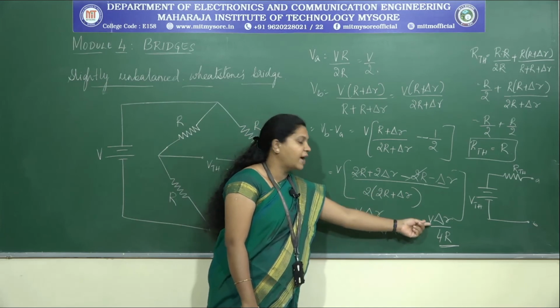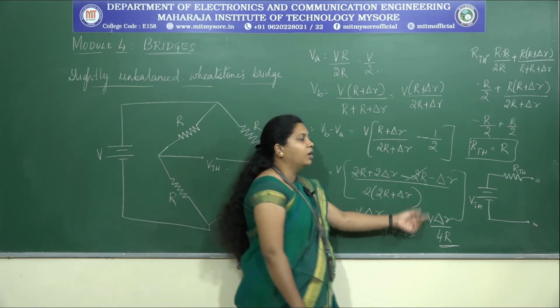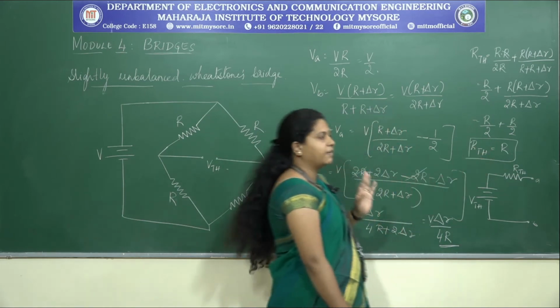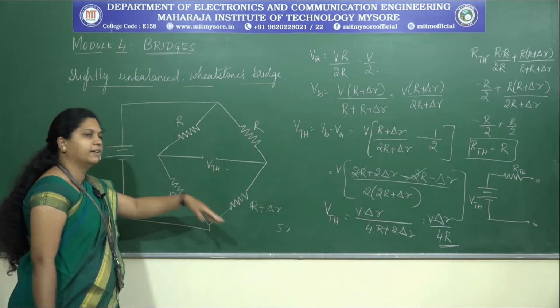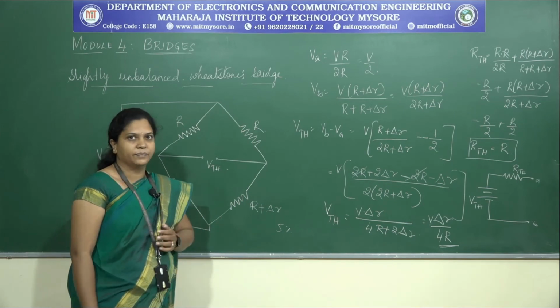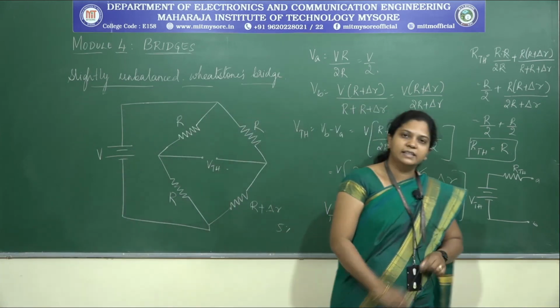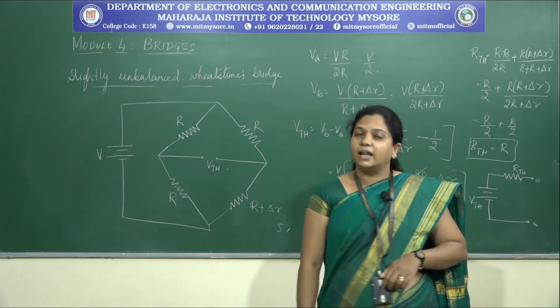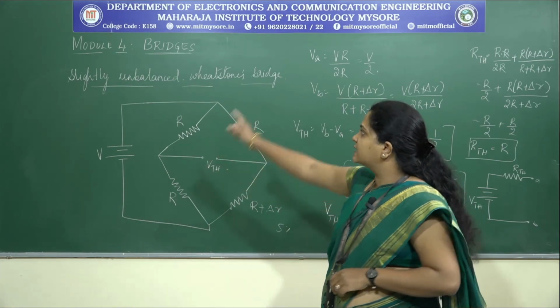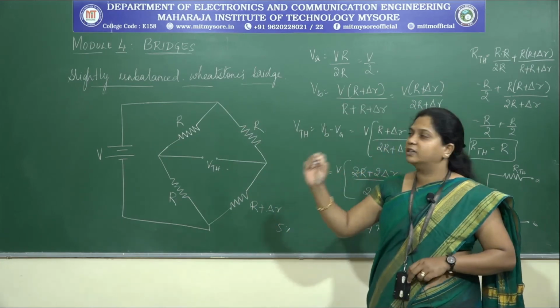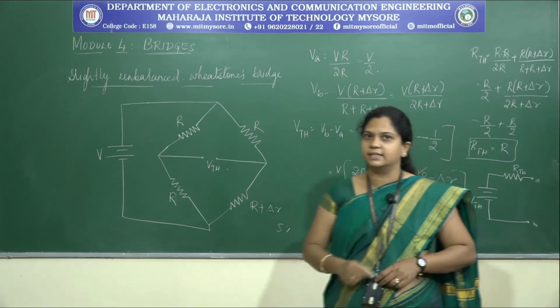Only at the voltage do you have an effect of the small variation in resistance. Apart from that, the Thevenin's resistance for a slightly unbalanced bridge will be the same. So this is about the Wheatstone bridge: a balanced Wheatstone bridge, an unbalanced Wheatstone bridge and a slightly unbalanced Wheatstone bridge. I hope you have understood the difference between all the three circuits.